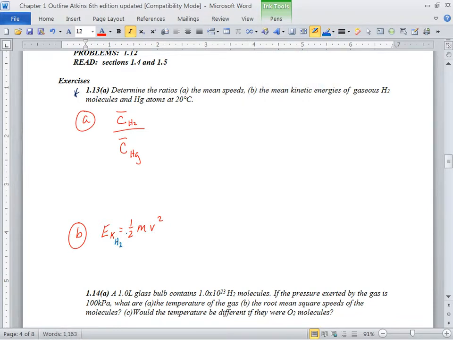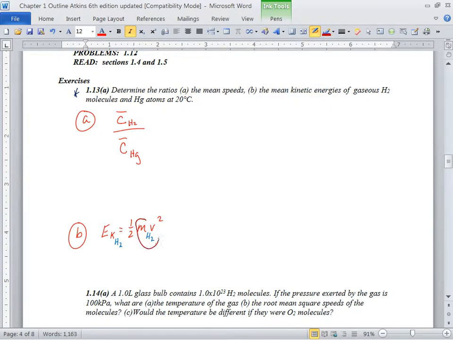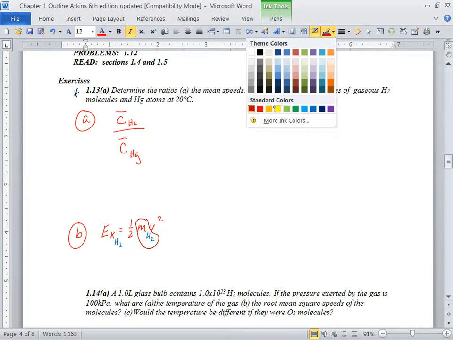Where do I put a little H2 subscript to make sense out of this? And the mass. So that's going to be the mass of exactly what? The mass of a molecule of H2. How about this v? What's that going to be?